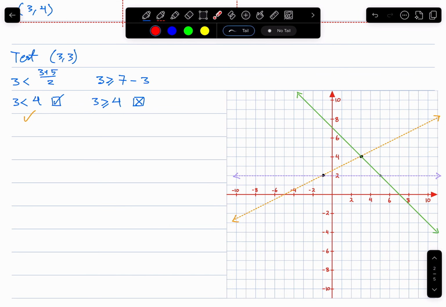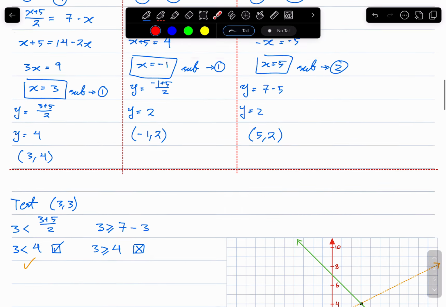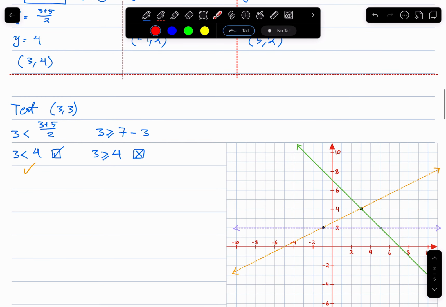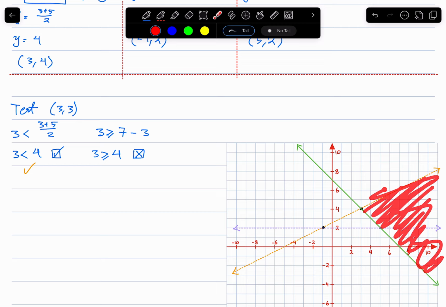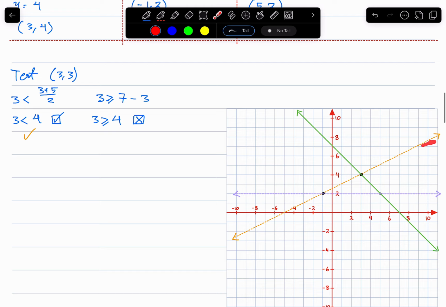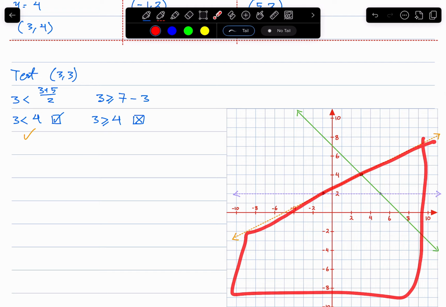So for this point (3, 3), 3 is not greater than or equal to 4, so that means we're going to be shading above the green line. Okay, so we're shading this one for the green and this one for the orange.